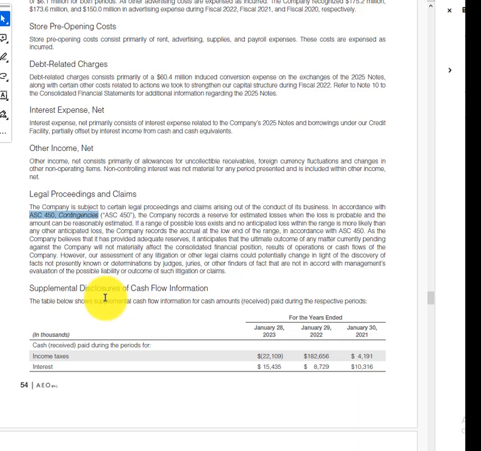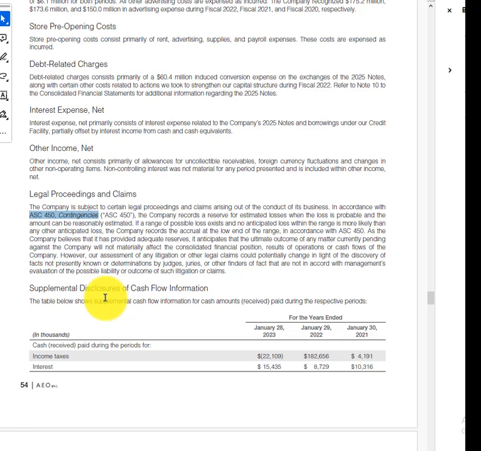They did not see any one case as being big enough, having materiality sufficient to mention specifically, but they are always being sued. Okay, and they've looked at all of those, and they've estimated how much they think they're going to have to pay out on the ones they're going to either lose or settle.